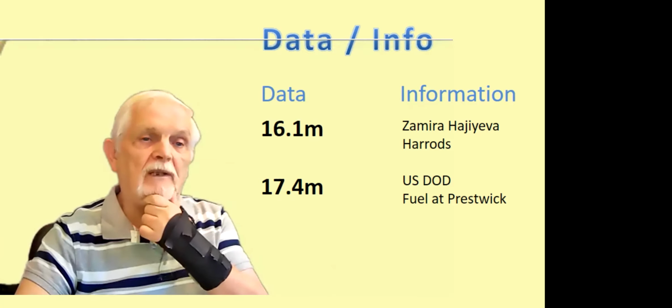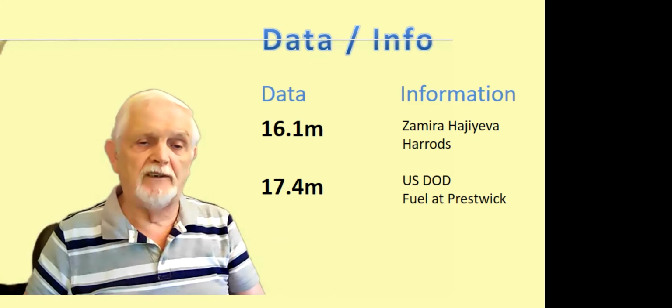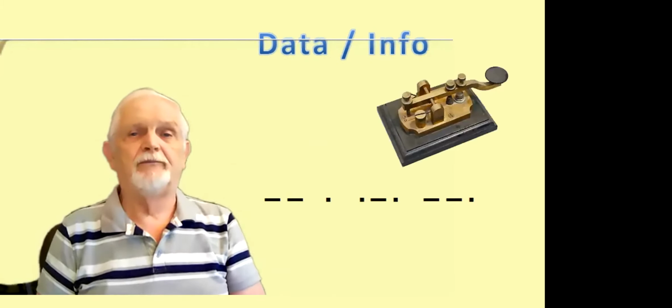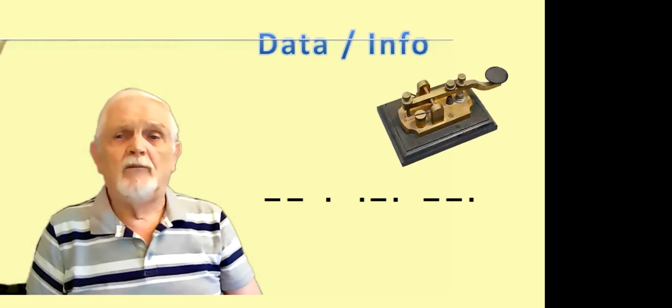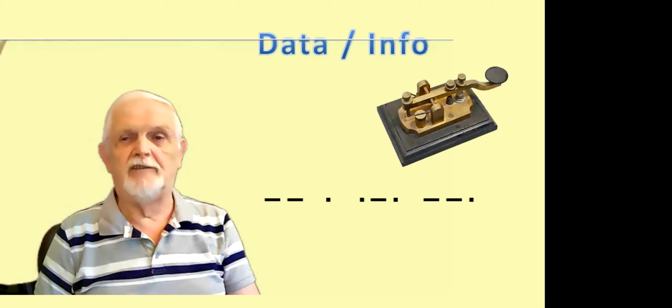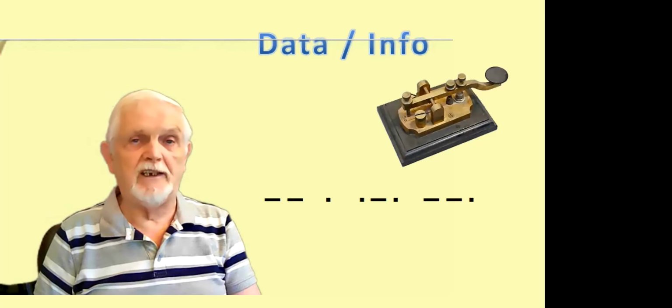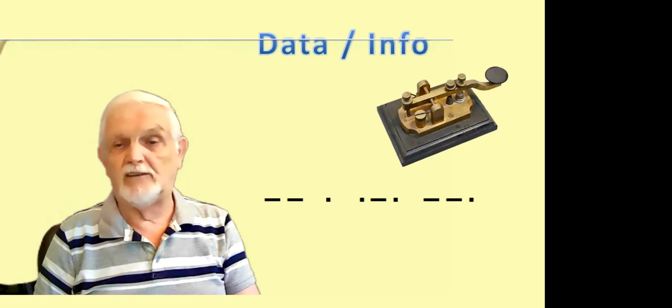So let's just look up. There's an old phrase about there's nothing new under the sun. How old is that, converting data into information? You hit the Morse key and you get da da dit dit da dit da da dit.